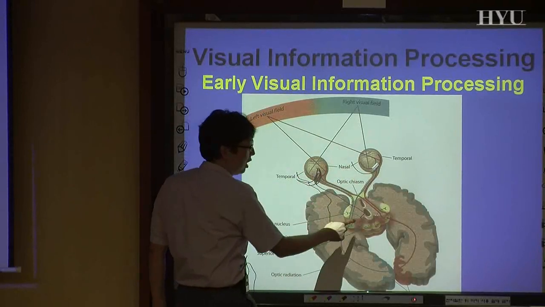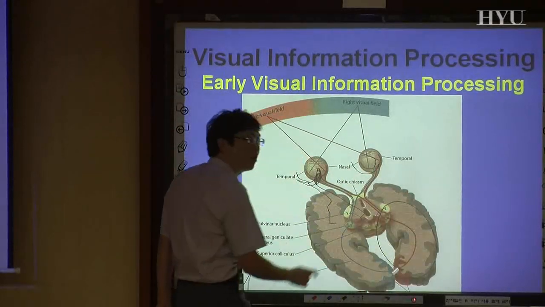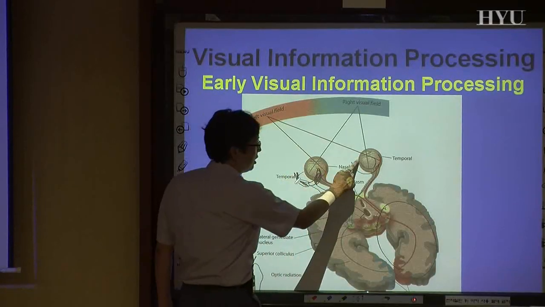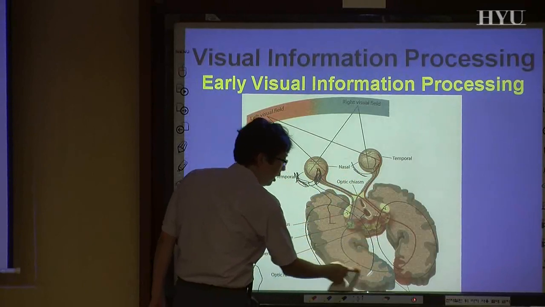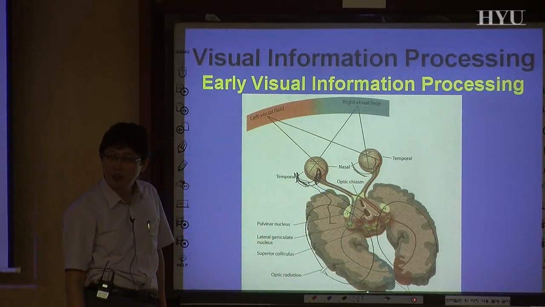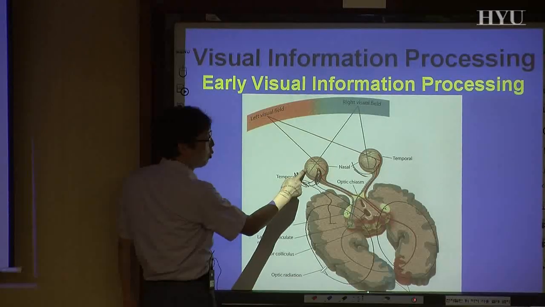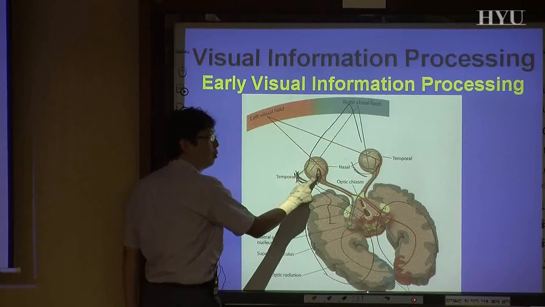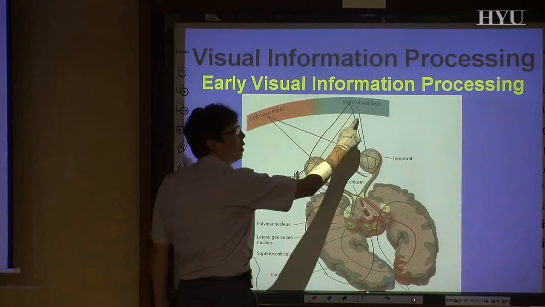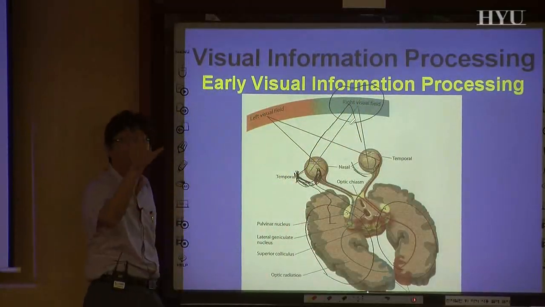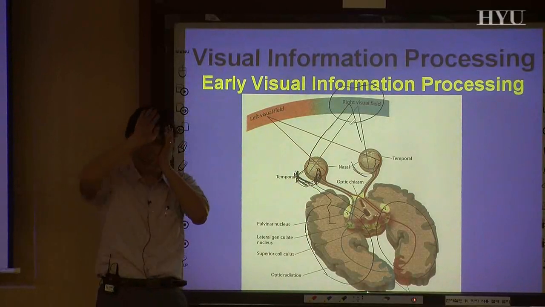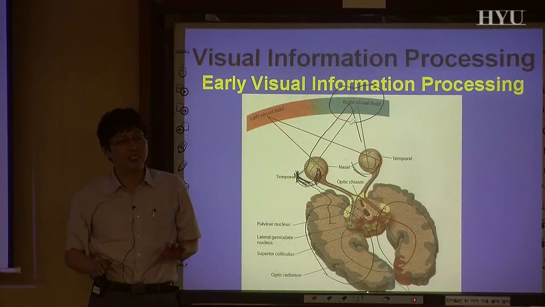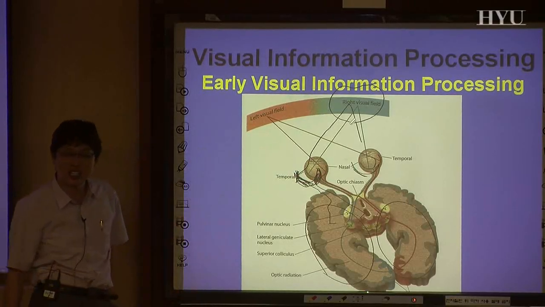The right side of your eyes is connected to your right hemisphere, and the left side of your eyes is covered by the left hemisphere. Of course, this angle is this part. So the left part of your eyes is covering the right side of your world. Left part is right side, right part is left side. So that is how we see the world.